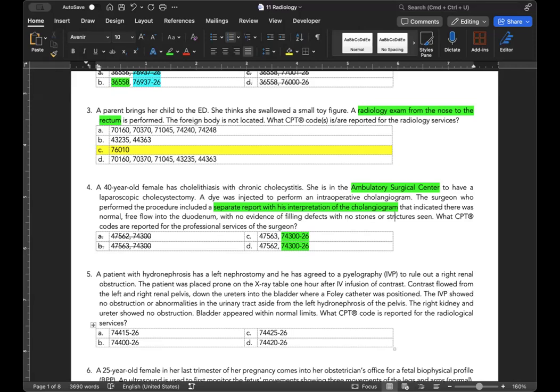Okay. I've got a couple in the chat that say the 63. Yep. Because we did both the laparoscopic cholecystectomy and we also did the cholangiogram. So that's going to be our 63.